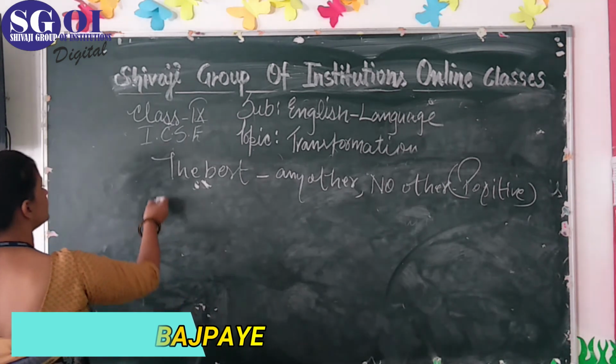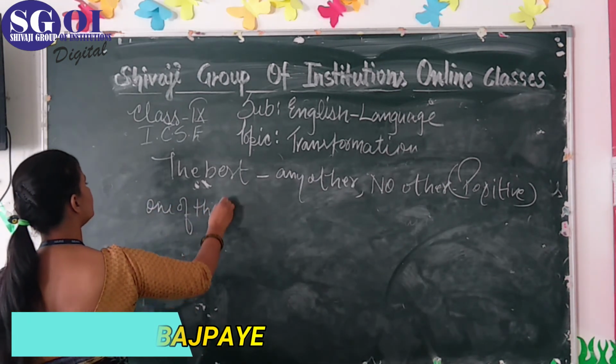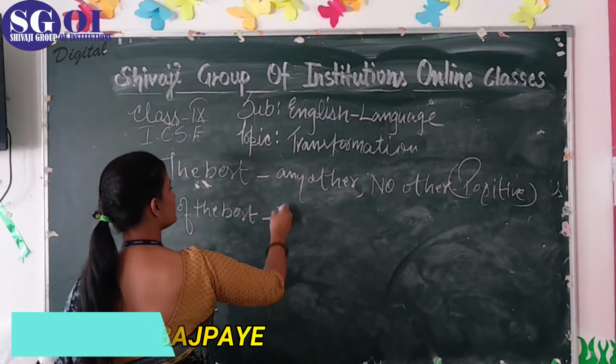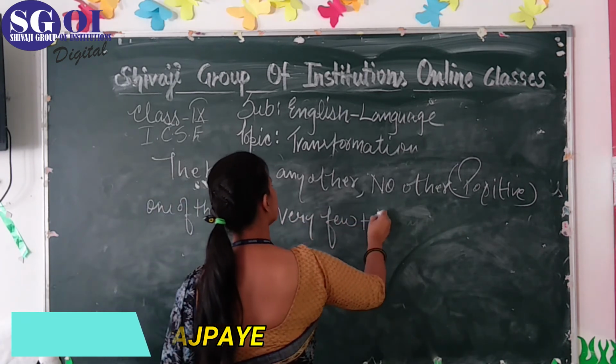If one of the best is given, you have to start the positive with very few plus plural.